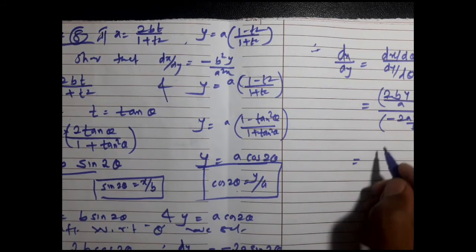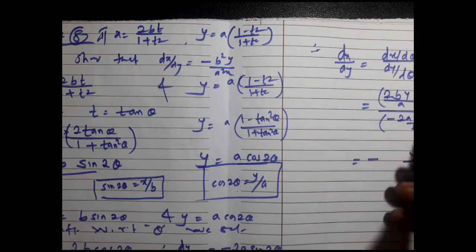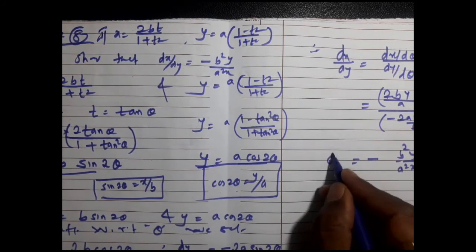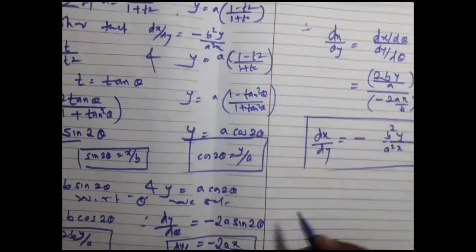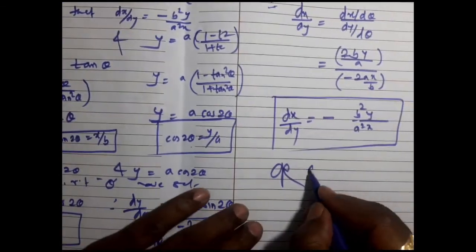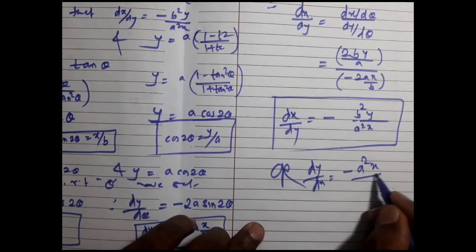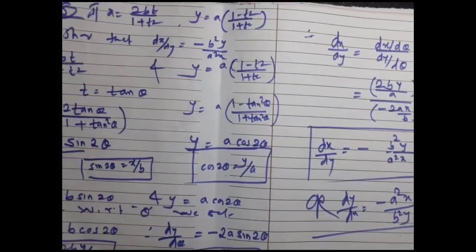So both 2 cancel, minus y upon x. This b will go up, that is b square. A will come down, that is a square. And this is dx by dy. Or suppose dy by dx is asked, then just a square x upon b square y. According to the question, you are going to take this ratio.